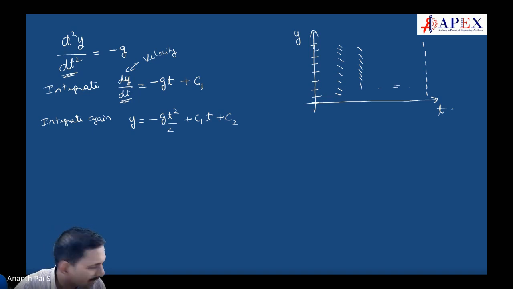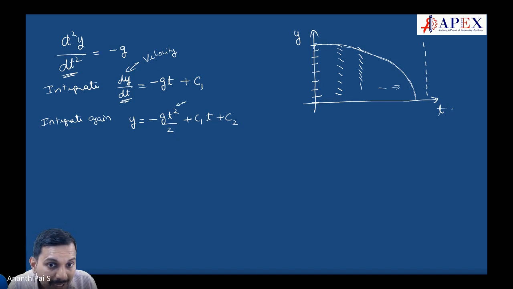Correct? So if I start from here, I have to follow the next curve. This is the y versus t curve, is it not? And this is really big. That's how you can see it and write it. And that's what we get here also: a parabola.